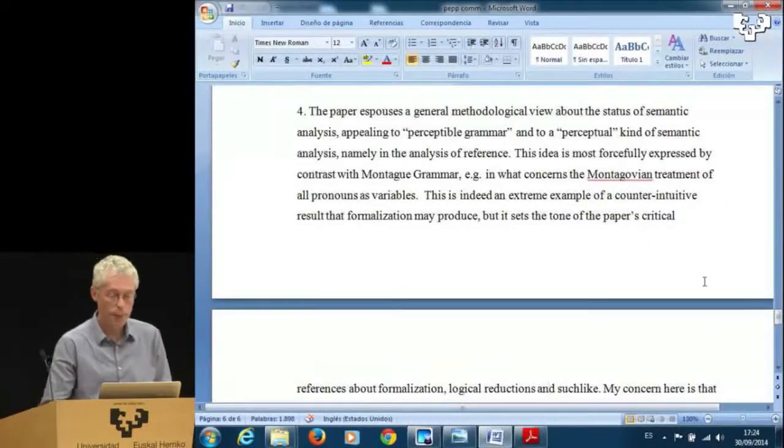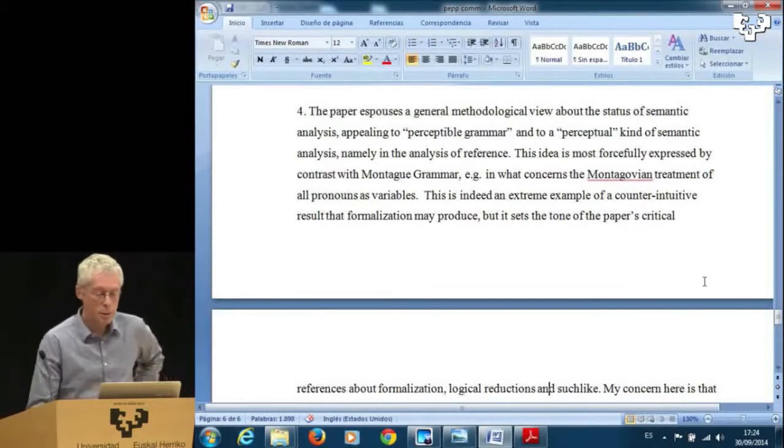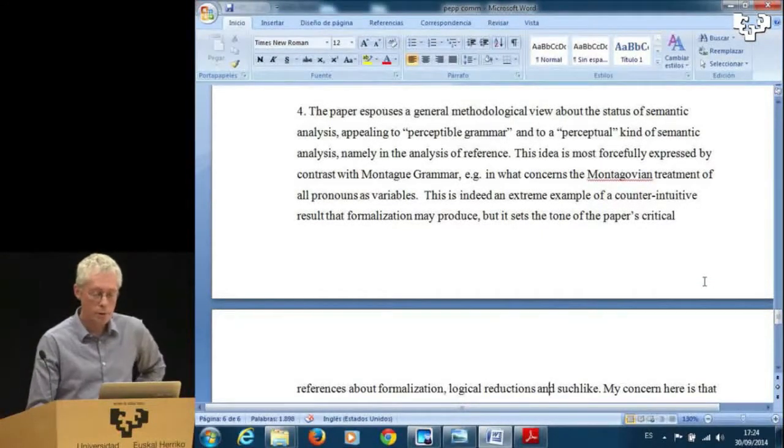Section 4. The paper espouses a general methodological view about the status of semantic analysis, appealing to perceptible grammar and to a perceptual kind of semantic analysis, namely in the analysis of reference.